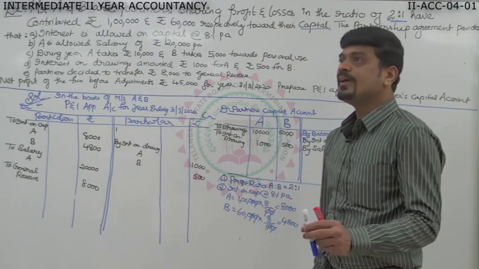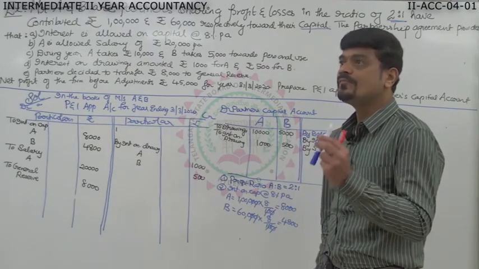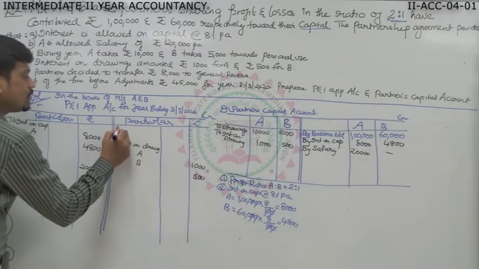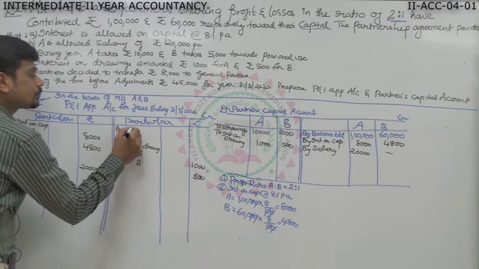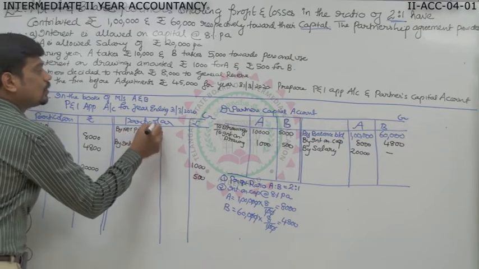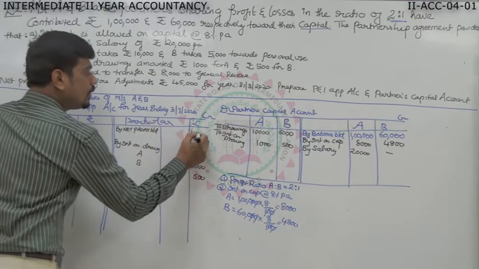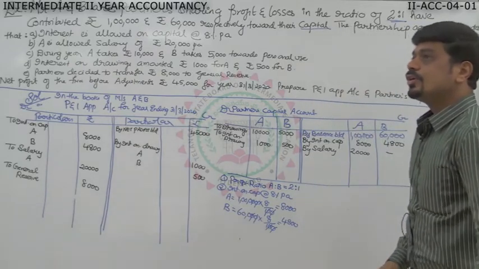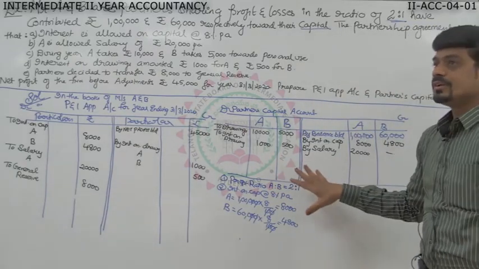So this 45,000 is brought from profit and loss account. So credit side of appropriation by net profit brought down. How much is brought down? 45,000.